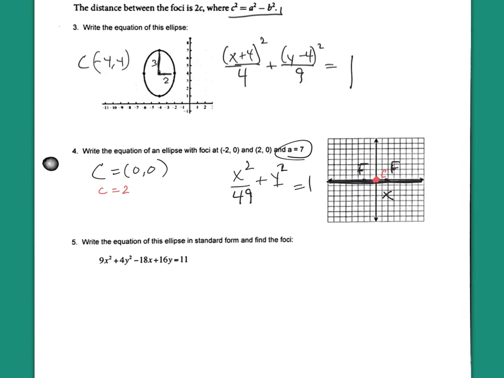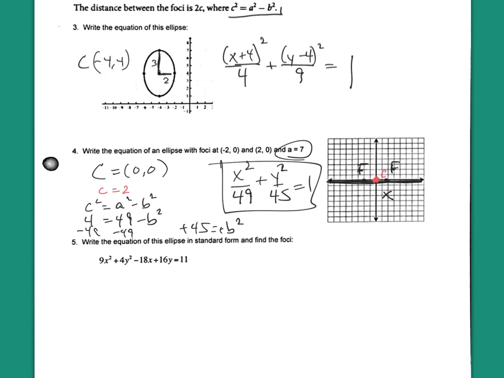Now we're going to use the fact that c squared equals a squared minus b squared. So 4 is equal to 49 minus b squared. When we subtract 49 from both sides, you get negative 45 equals negative b squared. So that means they're both positive, and you just put that underneath the y. This is the equation of the ellipse.